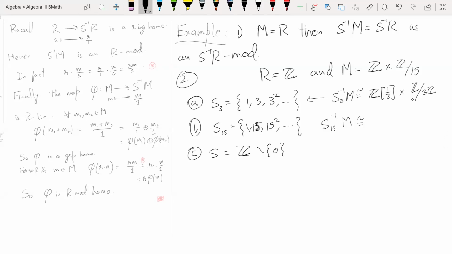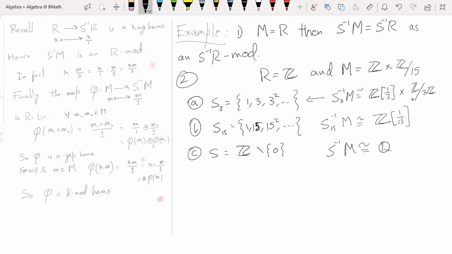And this should be just Z 1 over 15. The whole of the second factor should become 0, and S inverse M should be just Q. So you should get rationals. So let's try to see why this is true.